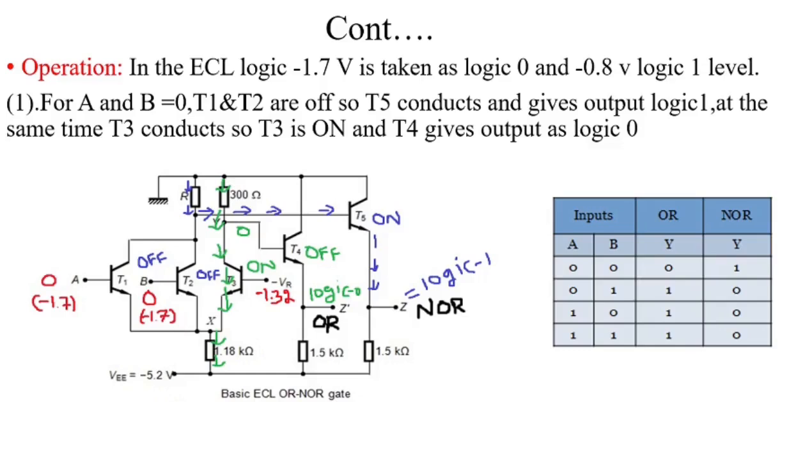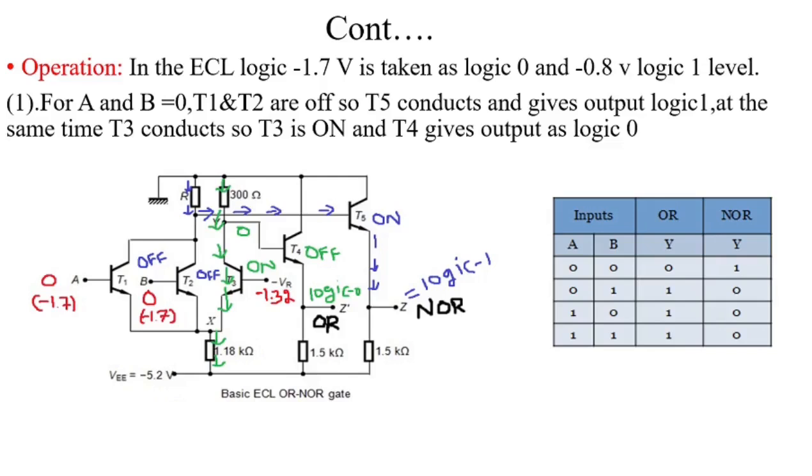It means that in the last classes we assumed logic 0 equal to 0 volts and logic 1 equal to 5 volts. But in ECL logic, we consider logic 0 as minus 1.7 volts and logic 1 as minus 0.8 volts. Okay, and here we are studying the two input ECL logic, right?